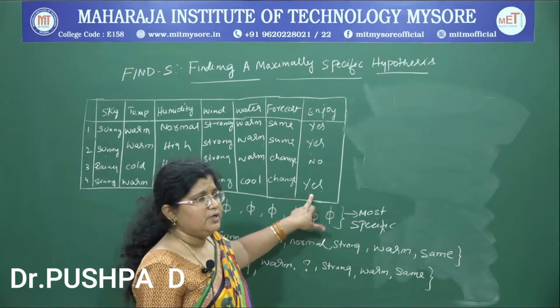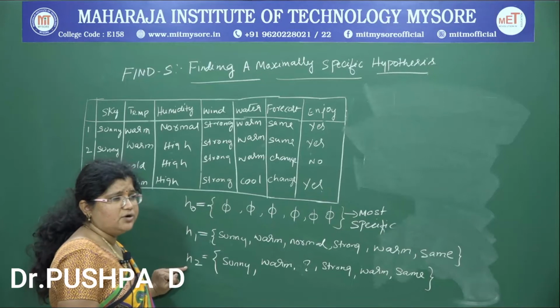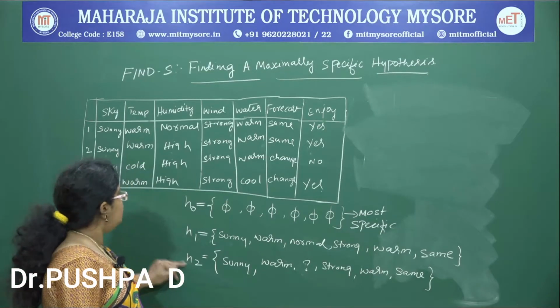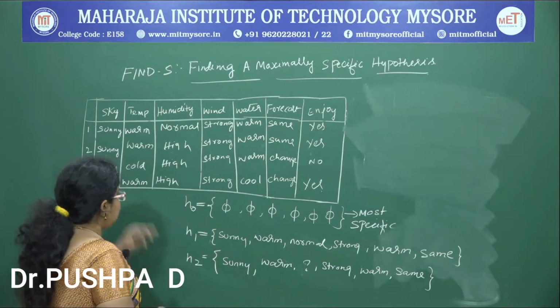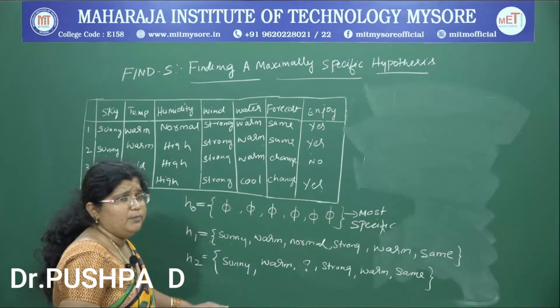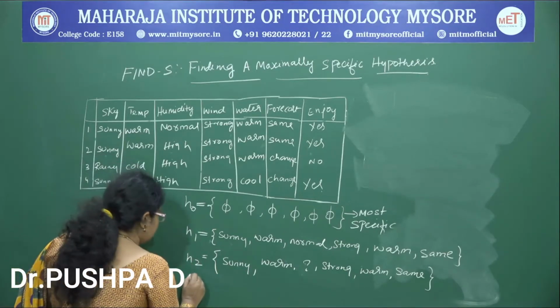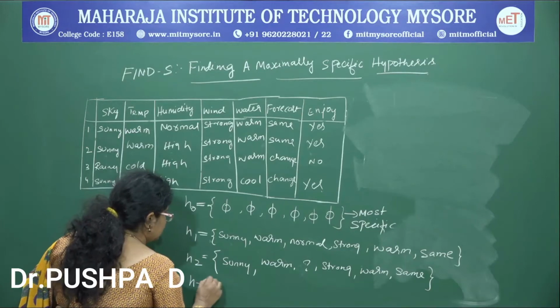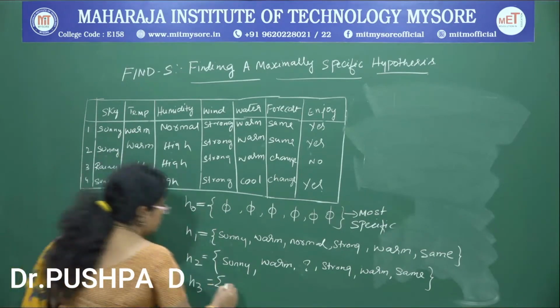It is positive. Once again, this H2, the hypothesis which has been generated, will be compared with the fourth training example, and a new hypothesis is going to be generated. Now H3: sunny is compared with sunny, yes it is sunny.